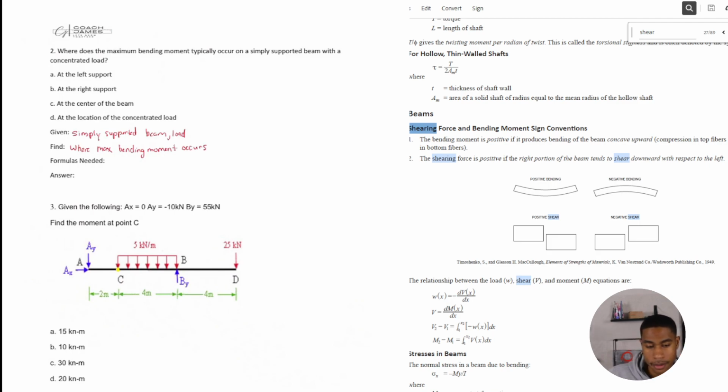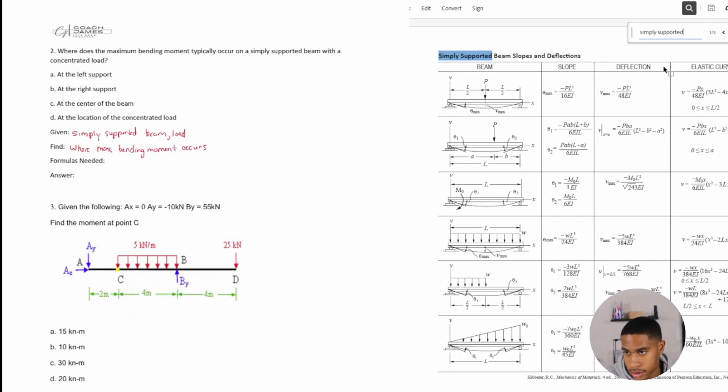All right, are there any formulas that we need for this? So I would look up simply supported. Something comes up. All right, this table comes up. Now we have a concentrated load.